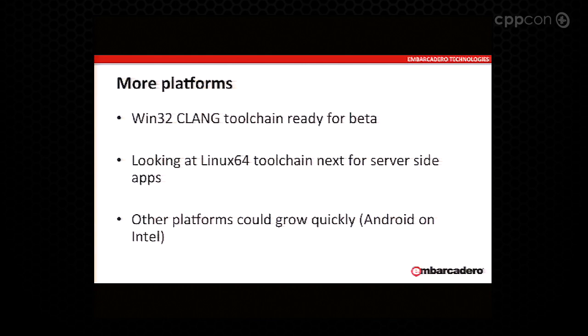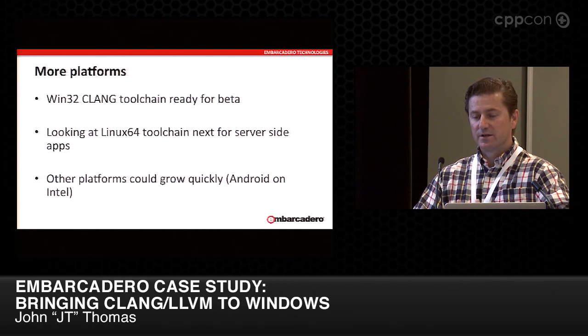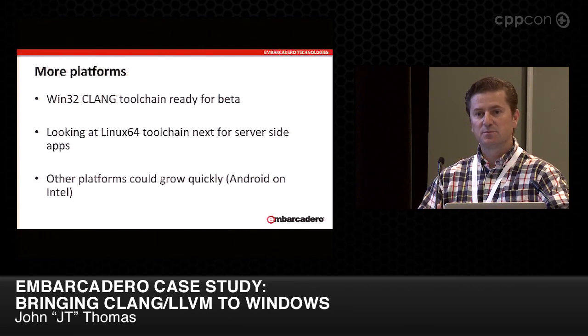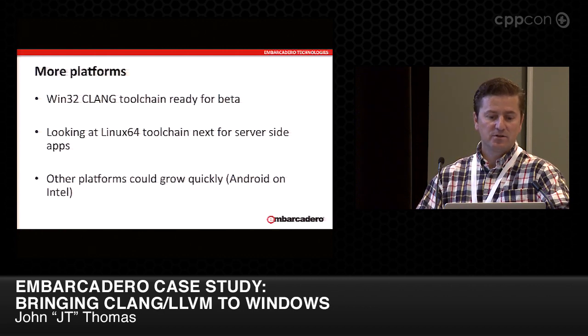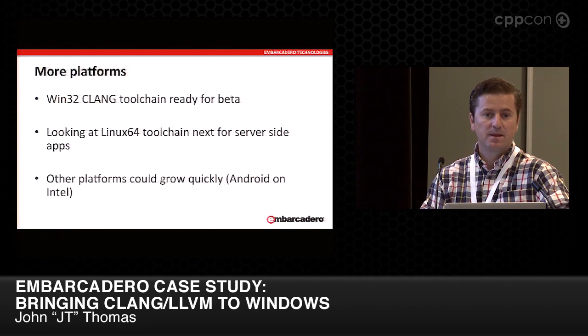As I mentioned, our goal is to deliver a full application development environment that people can build C++ applications for that target multiple operating systems and devices. So Win32 is next. We also build backend middleware software, so Linux 64 is definitely a next target.